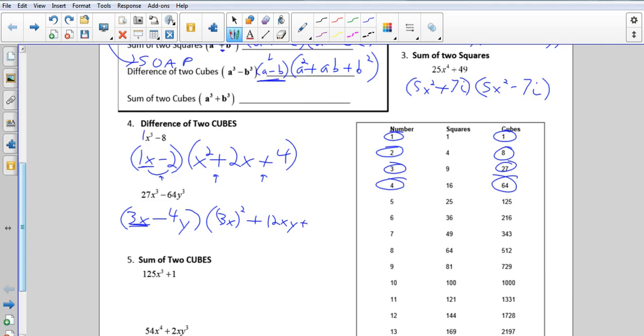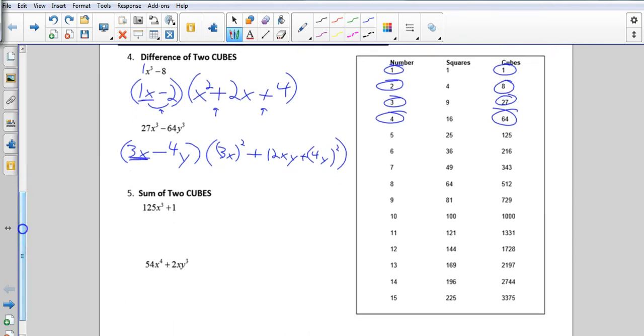And we're going to square 4y squared. So that gives us 3x minus 4y times 9x squared plus 12xy plus 16y squared. I know it's a lot. It's a variation of what you already know, but it will come to you.